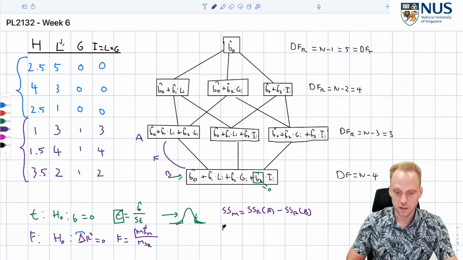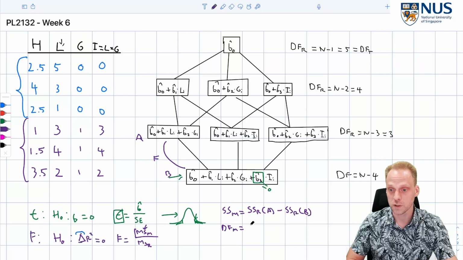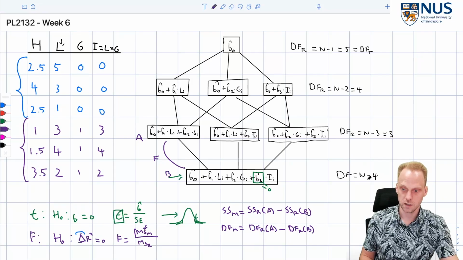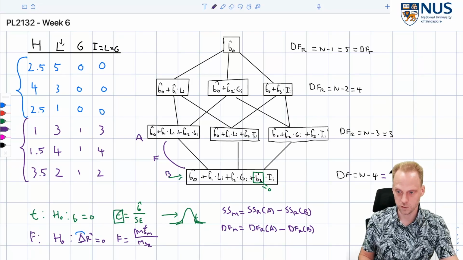Then we divide that by the degrees of freedom, which is the degrees of freedom difference between the residual degrees of freedom of model A minus the residual degrees of freedom of model B. In this case here, that was n minus 4 equals 2.